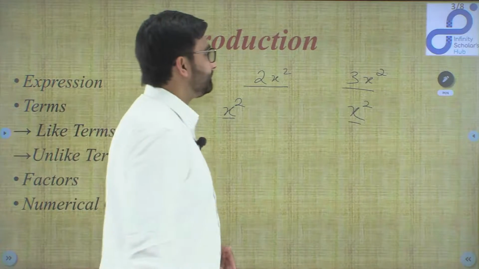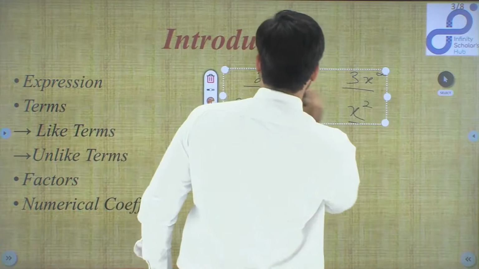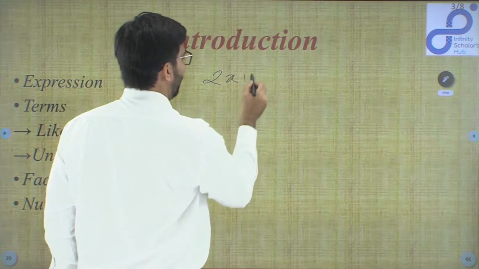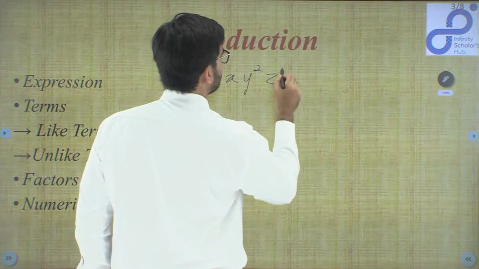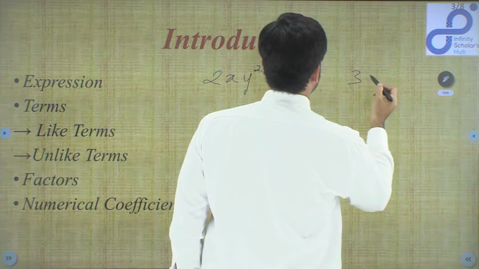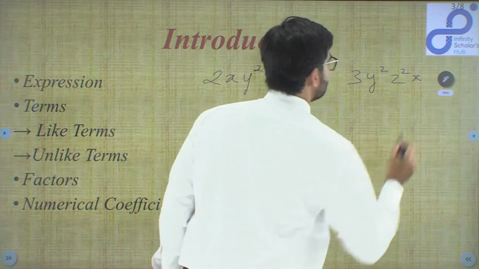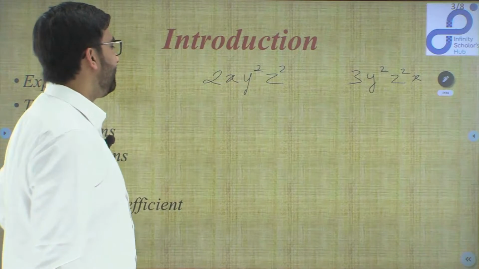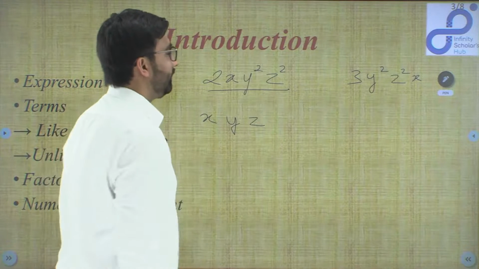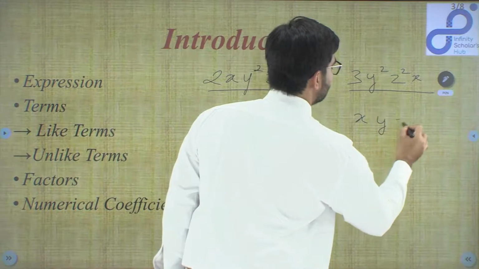Fine. So let us take another example of like terms, a bit more difficult one. So if I give you 2x y squared z squared, and let's say the other term is 3 y squared z squared and x. Now see, the variables used over here are what? x, y, z. And the variables used over here are also x, y, z, correct?